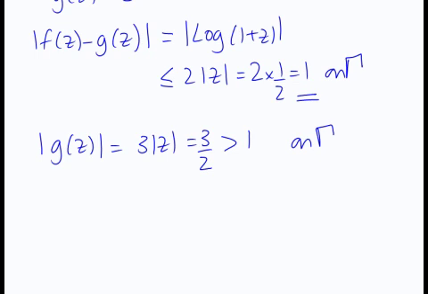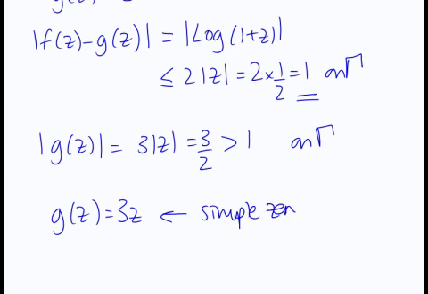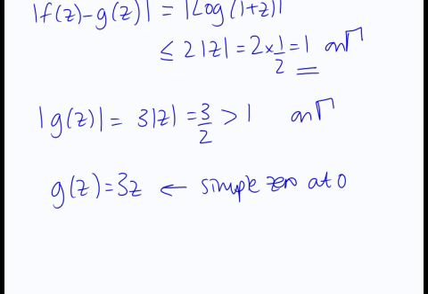I've just taken g off the top of the slide slightly, but inside gamma g has a simple 0 at 0, and so f will have 1 zero inside gamma, in other words in S, just as g does. And that ends this second example illustrating Rouche's theorem.